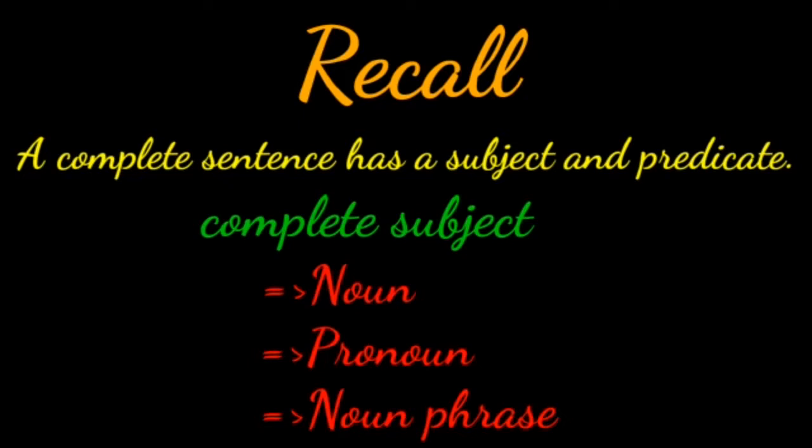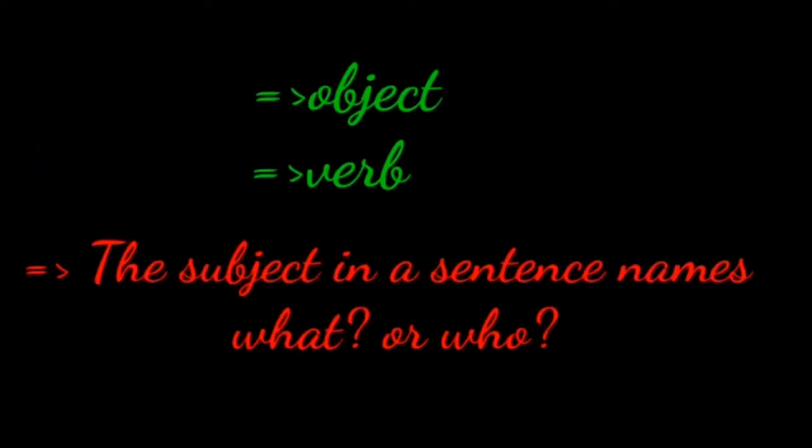Noun, pronoun, noun phrase. Then the sentence may also have an object. The object of a sentence comes after the verb in the predicate.